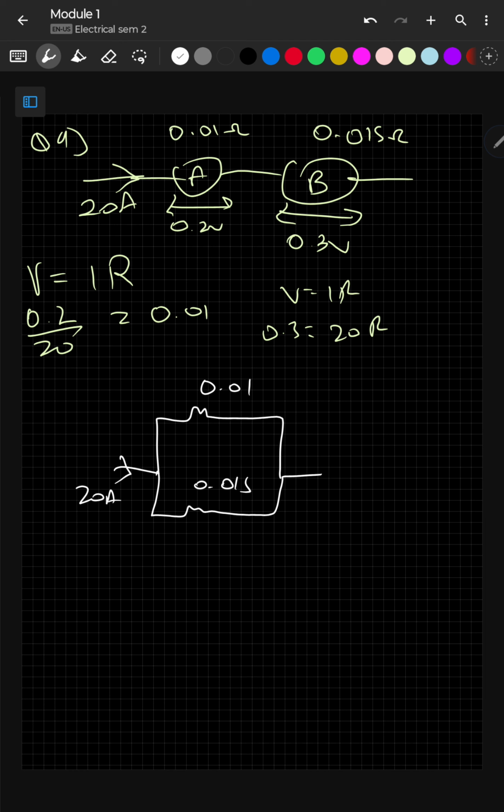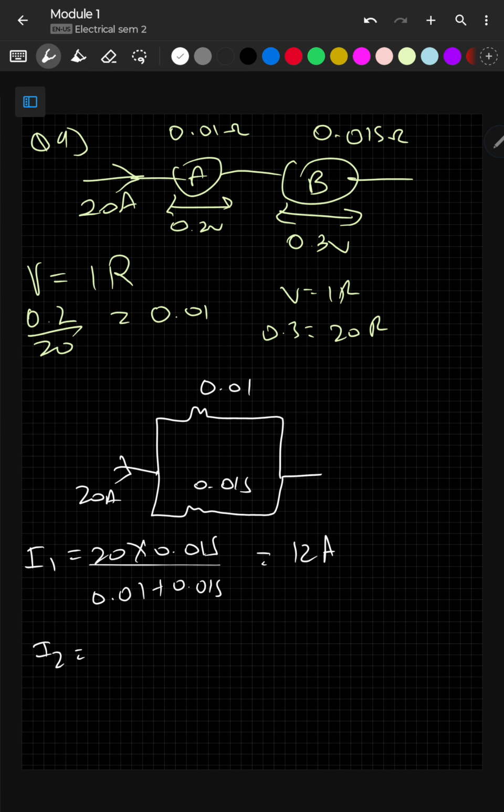So now we have to find the current, which is find how the same current will divide. Now I1 equals 20 into 0.015 by 0.01 plus 0.015, current division rule. 20 into the opposite part, 0.015 by 0.01 plus 0.015. I will get 12 ampere.